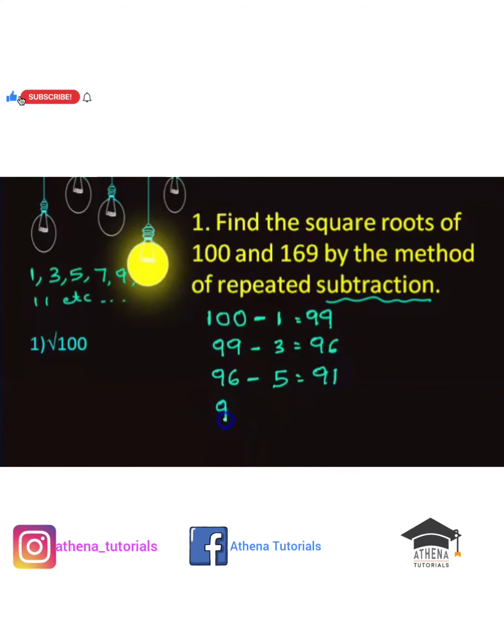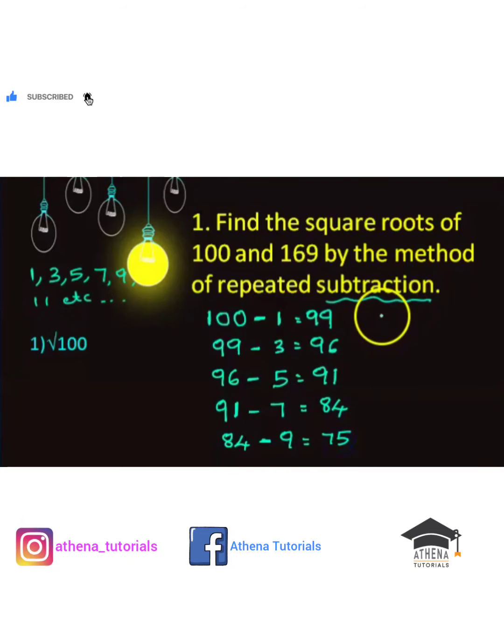So after 5, the next odd number is 7. So 91 minus 7, we will get the answer as 84. Next, 84 minus 9. We will get the answer as 75.